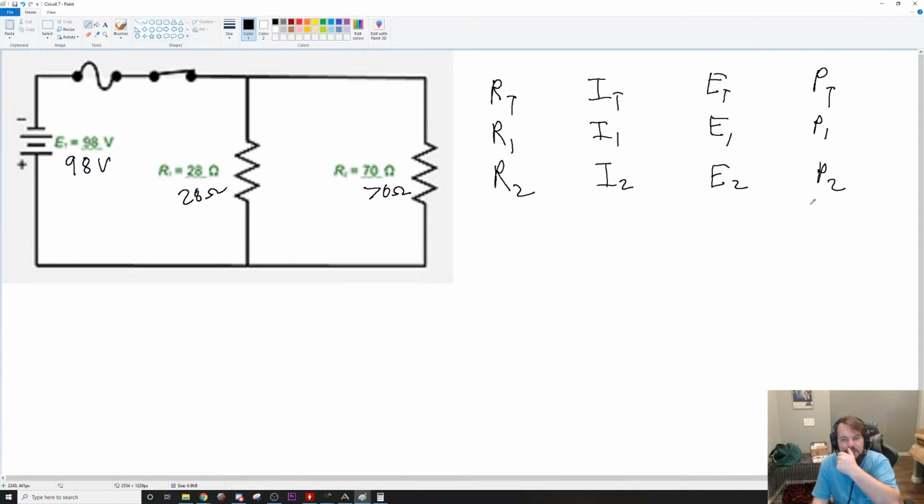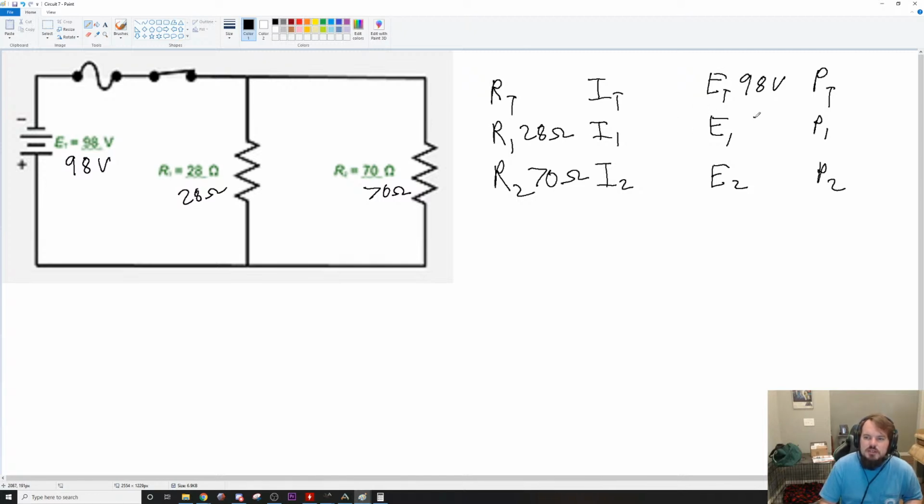There are several ways you can go about doing this one. 98 volts. 28 ohms and 70 ohms. So that's all the information we start with.